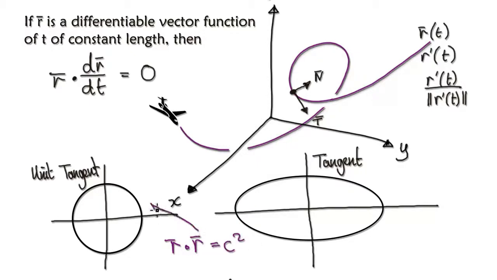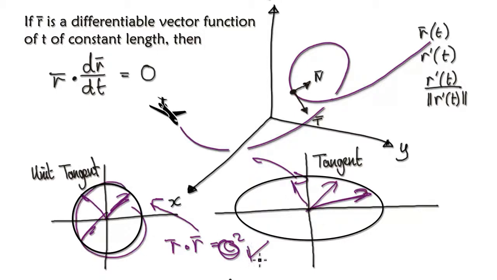It works for this case because the radius is always the same. Whereas here, if you look at a tangent, you can't say it equals some sort of constant because the radius is always changing. One minute, the radius is long. When it's of a constant length, then you can say it equals some sort of constant squared. The same can't be said for the tangent, because the radius is always changing.